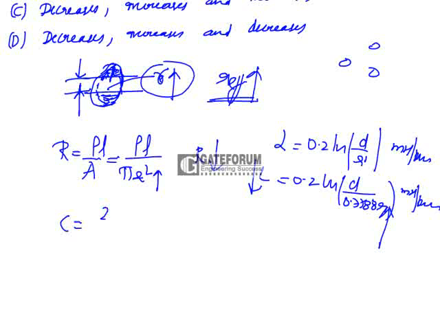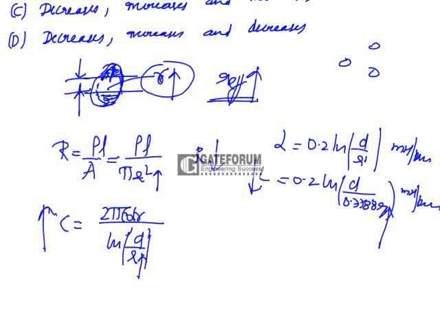Similarly, capacitance is given as 2 pi epsilon naught epsilon r by ln d by r. Since we don't have any self flux concept, or self GMD concept, in capacitance, it is directly written with radius r instead of r dash. Now if this radius increases, what happens to the capacitance? Capacitance will be increased.